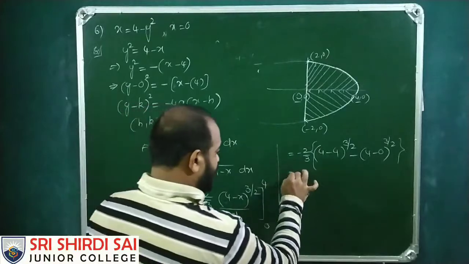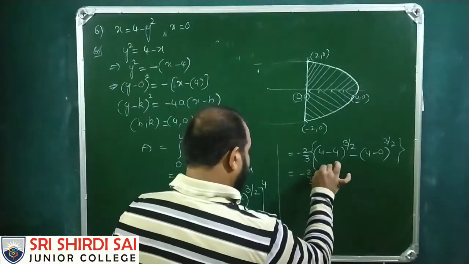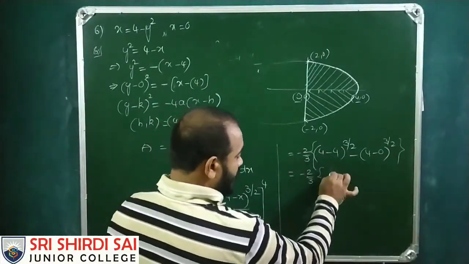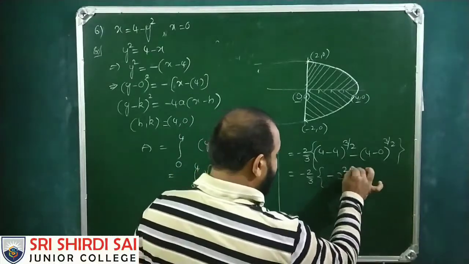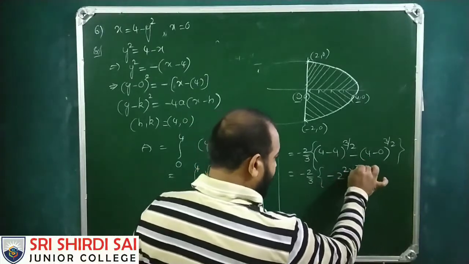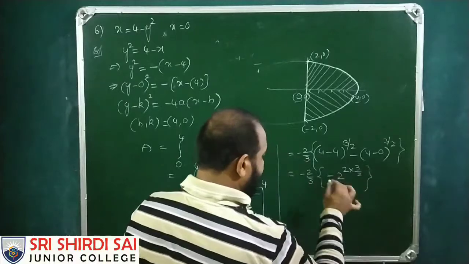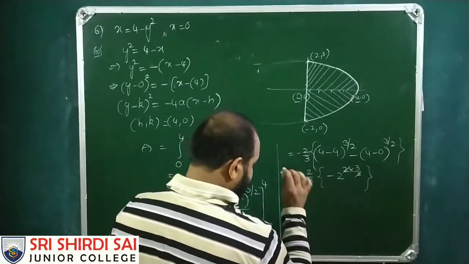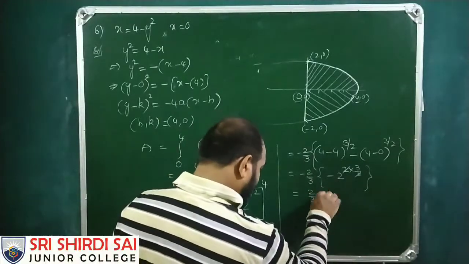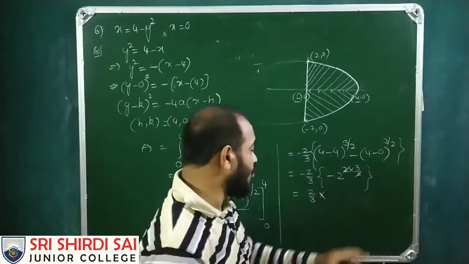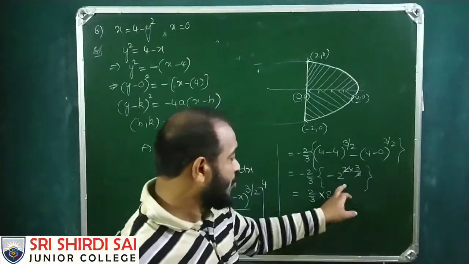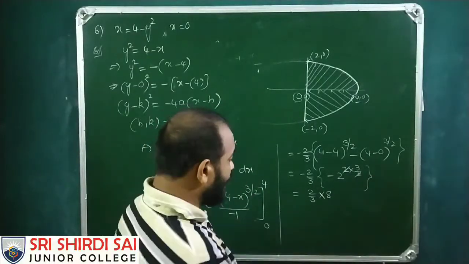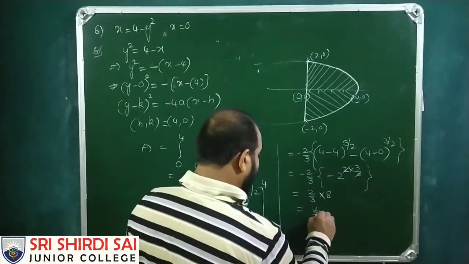This is 0. 4 is 2 square, whole power 3 by 2. So minus into minus is plus, 2 by 3 into 2 cube, 8. 2 cube is 8, so 2 eights are 16 by 3.